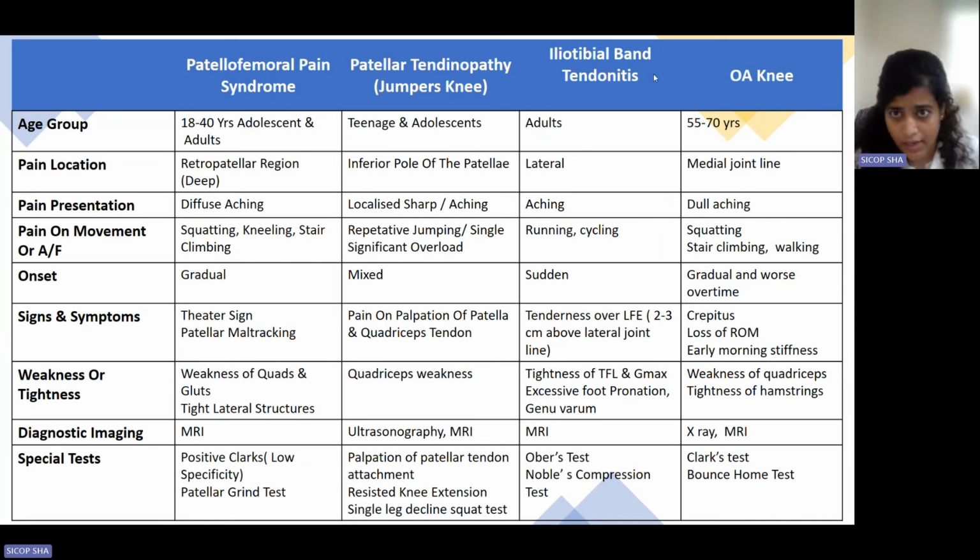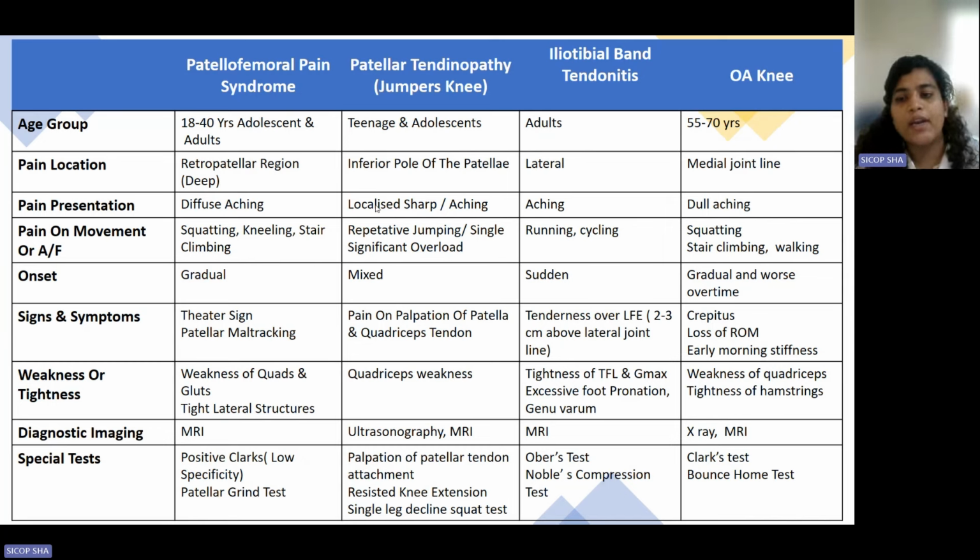IT band tendinitis. As I said before, adults are more prone to IT band tendinitis. It is usually seen in runners, in sports people, specifically in runners. The patient complains of pain on the lateral compartment of the knee, aching type of pain.